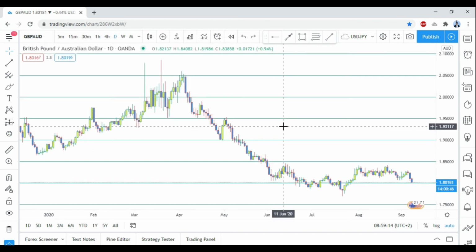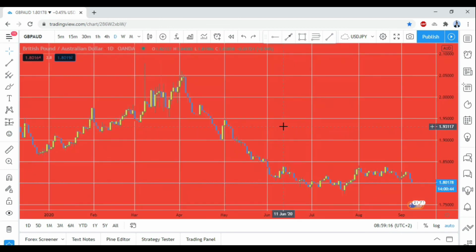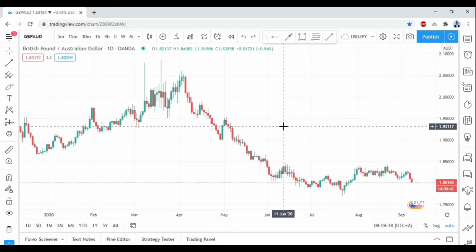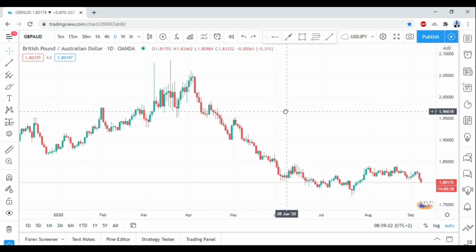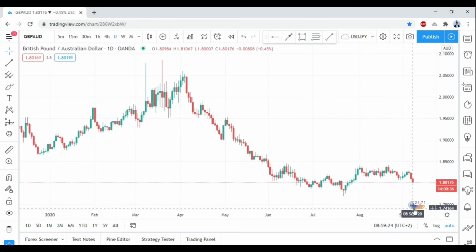So let's just go back to our original chart layout and go back to the red and green candlesticks. So as you can see at the right corner over here, these are the different economic calendar dates that are displayed.